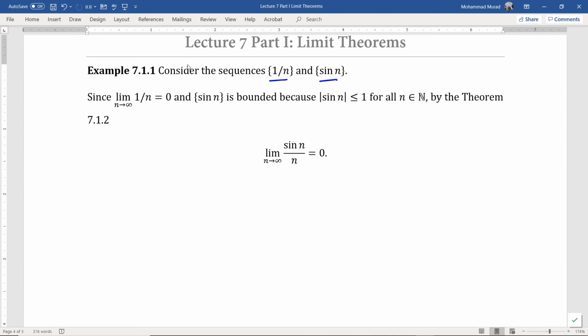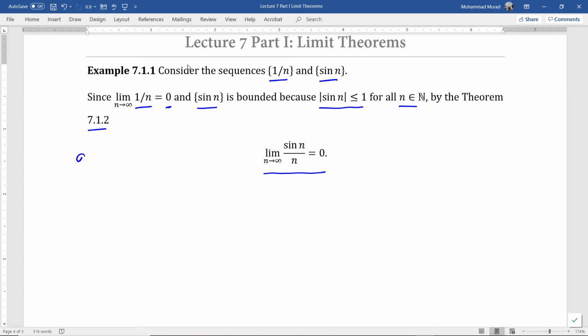Since the limit of 1 over n as n approaches infinity is 0, and the sequence sine of n is bounded because the absolute value of sine of n is smaller than or equal to 1 for all indices n, then by theorem 7.1.2, the product a sub n b sub n, which is sine of n over n, has limit equal to 0.